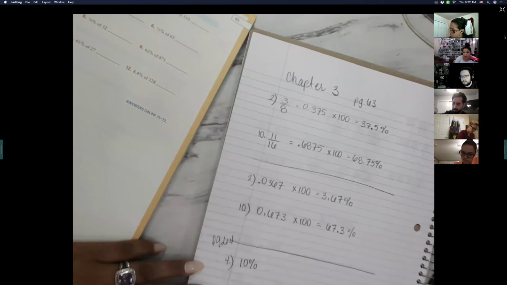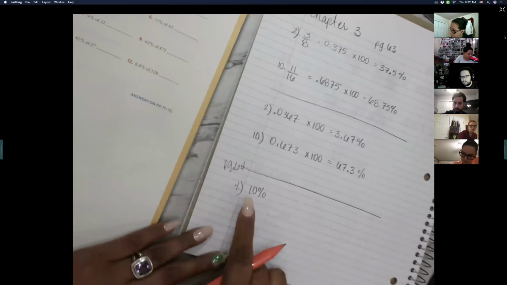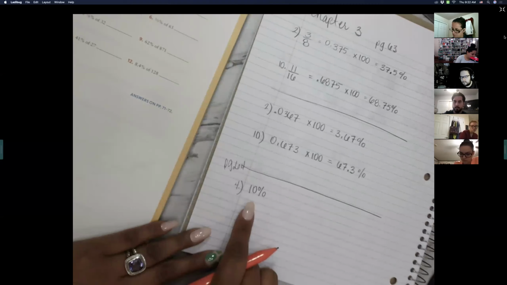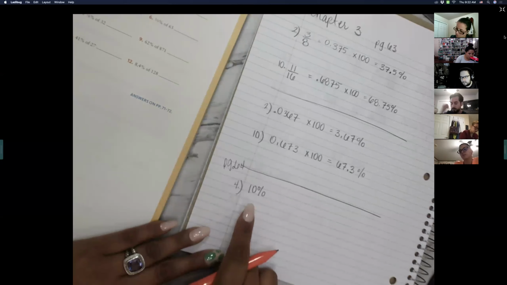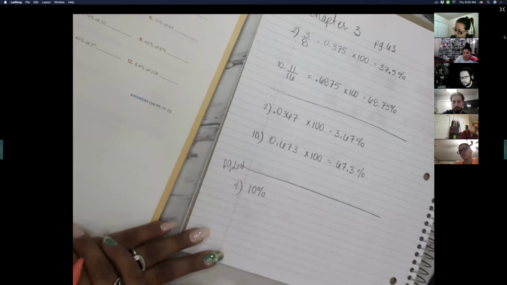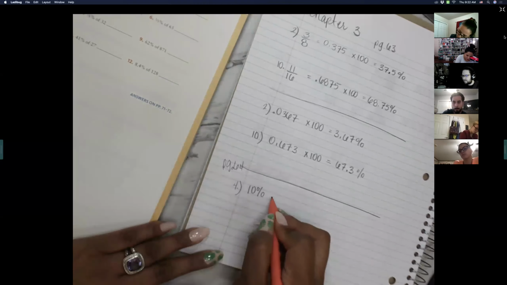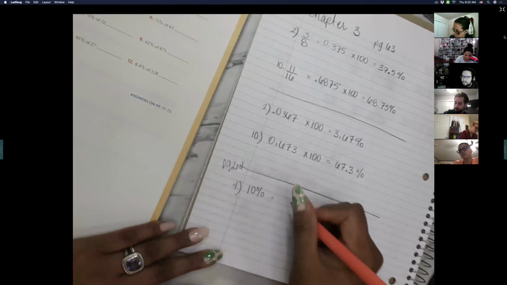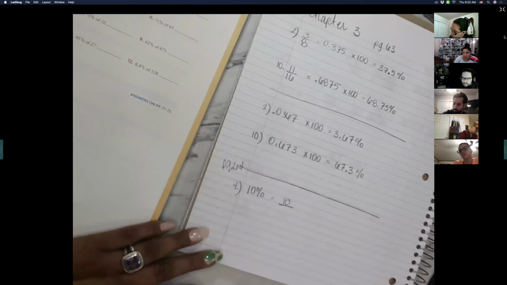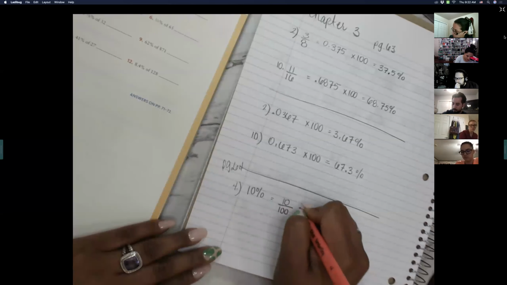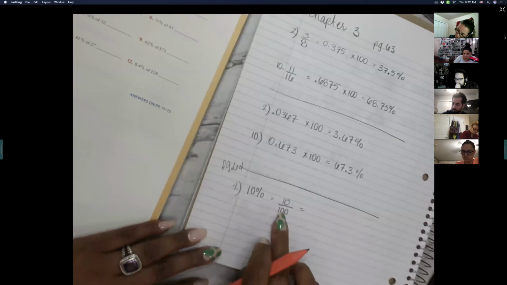They are giving you your percent, and they want you to change the following percent to either a mixed number or a proper fraction. So let's go with a proper fraction. Okay, so it's 10%. Percents are always out of what? 100, right?